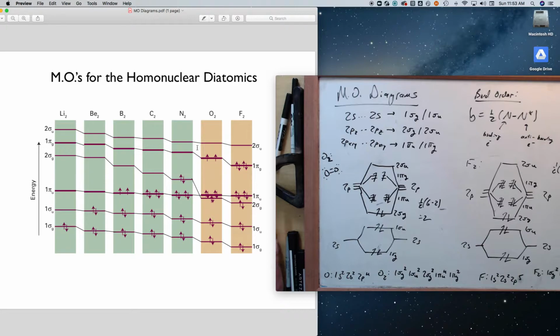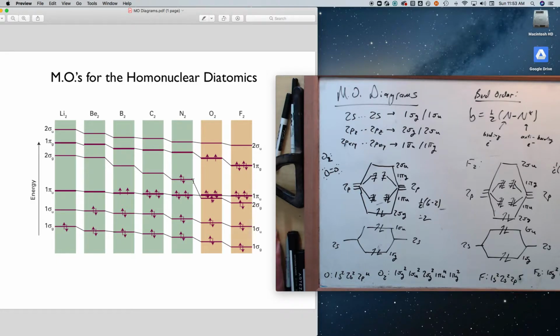Look what happens as we move away from F2 and we move towards, let's say, nitrogen, right? The case with oxygen is still the same, but you notice how all of these energies are shifting. There's a huge change in the energy of the 2 sigma g, right?